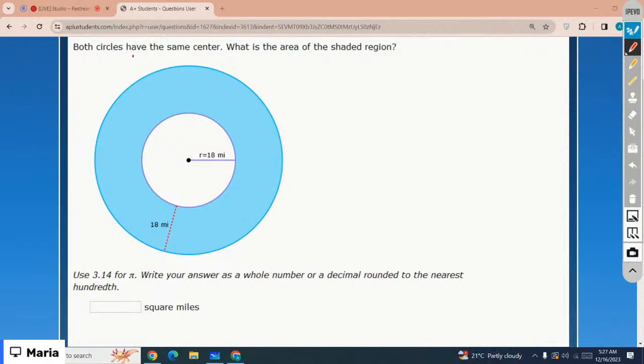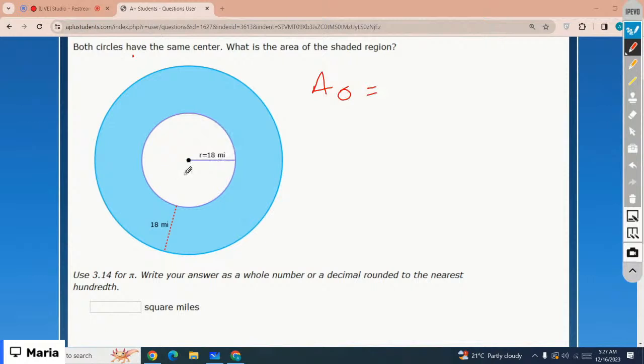The question is, what is the area of the shaded region? You don't need the area of the white one. So remove the area of the white one from the outer portion, because the white one is part of the bigger circle, right? Let's just calculate the areas and then subtract them. The area of the outer circle.